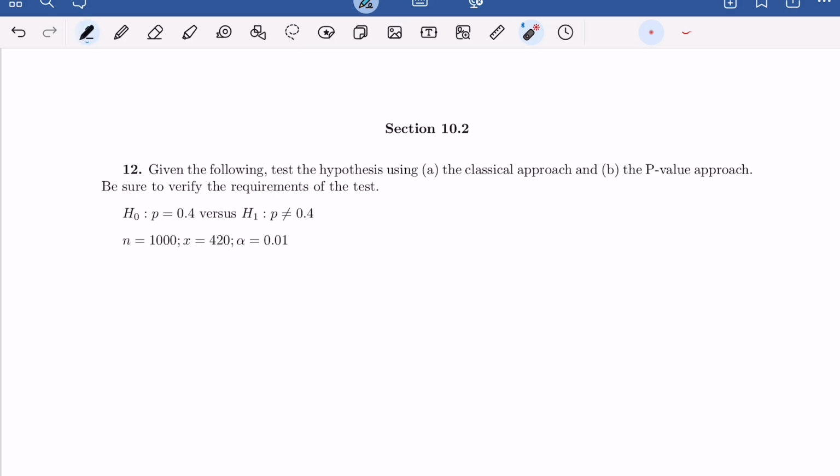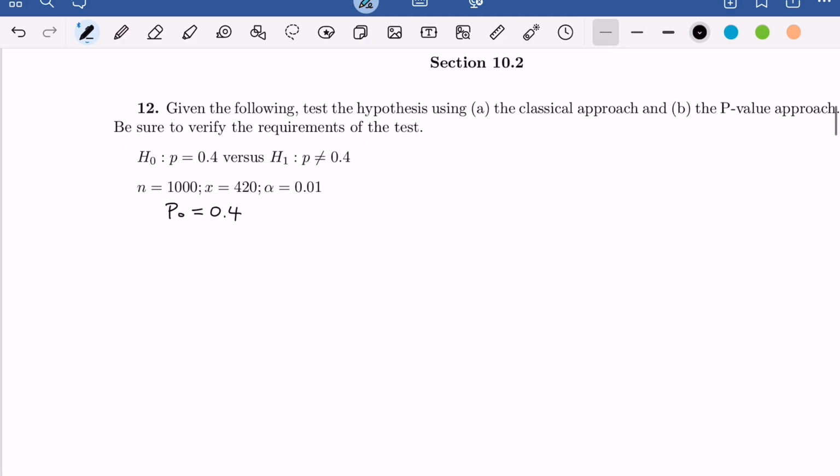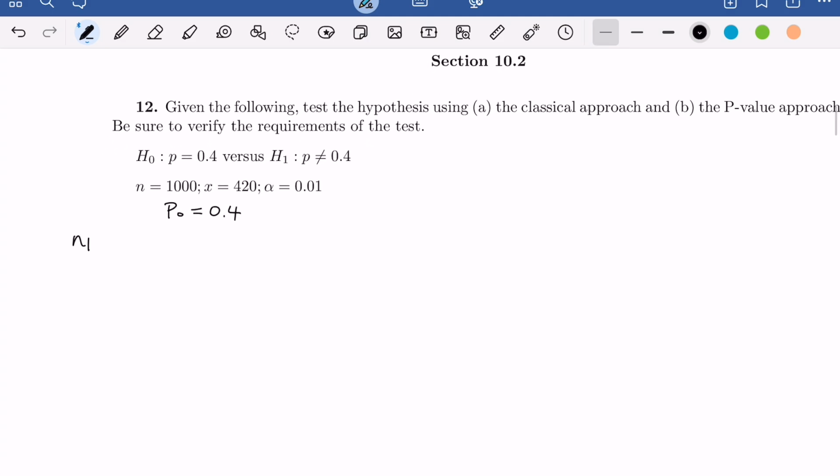So in this case, we are going to assume that the null hypothesis is true until proven otherwise. So our p naught value is going to be the null hypothesis, this 0.4. It's also reasonable to assume that this data is from a random sample and that the sample values are independent of each other, but we do also want to show that this quantity is greater than 10.